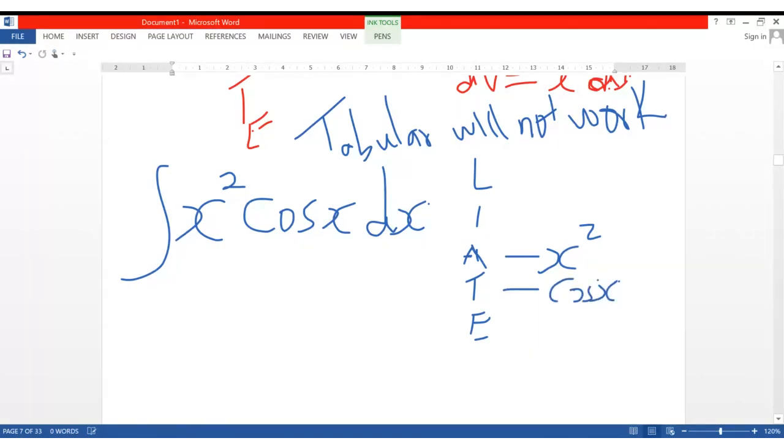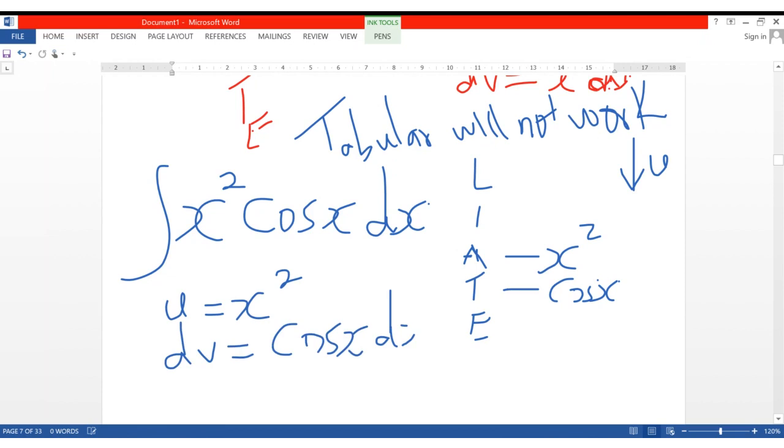If I go down, the algebraic will become your u, and that's okay. So your u is x squared, that's correct, and your dv, the remaining function, is cos x. So this one tabular can work now.